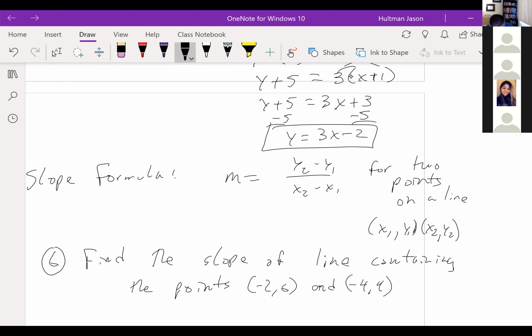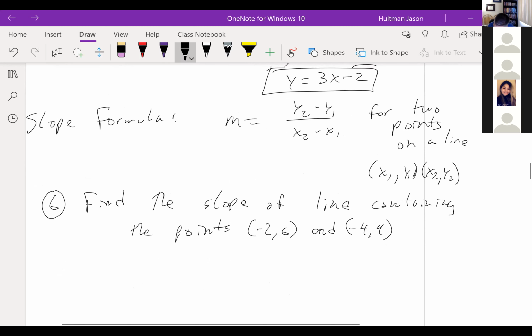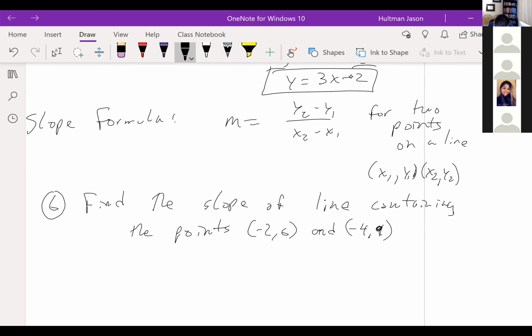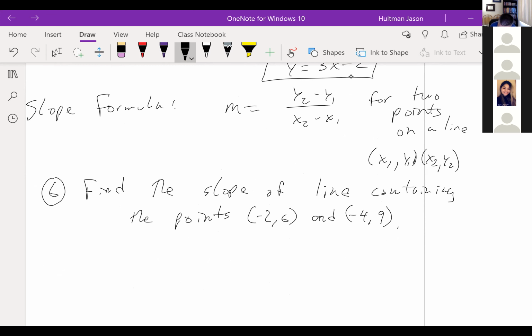Okay, find the slope of the line containing the points -2, 6 and -4, 9. So let's see what the slope of that line is here.